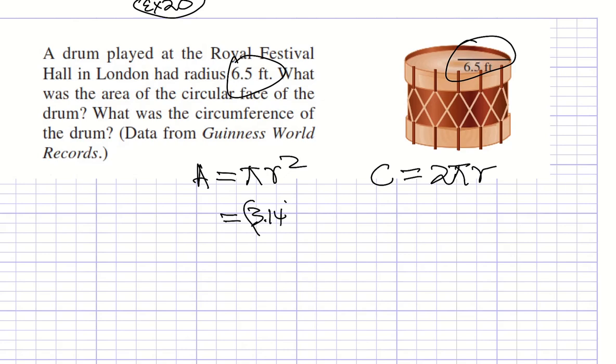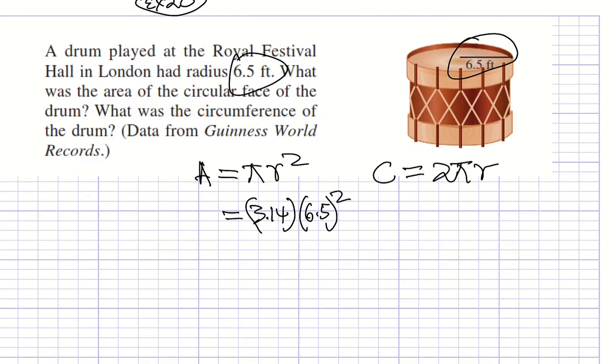So the area is 3.14 times 6.5 squared, and the circumference is 2 times 3.14 times 6.5. That's all we're looking for. It's not more than that. So you multiply that out.